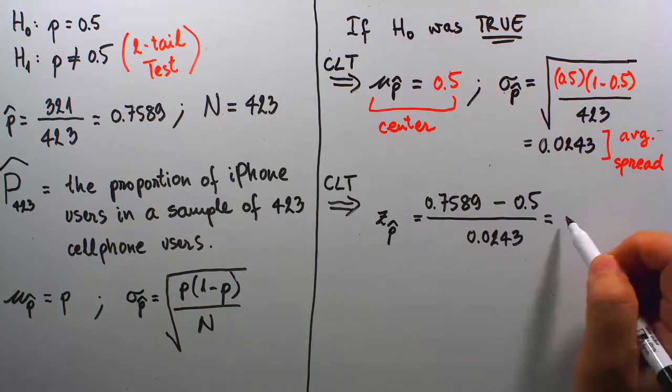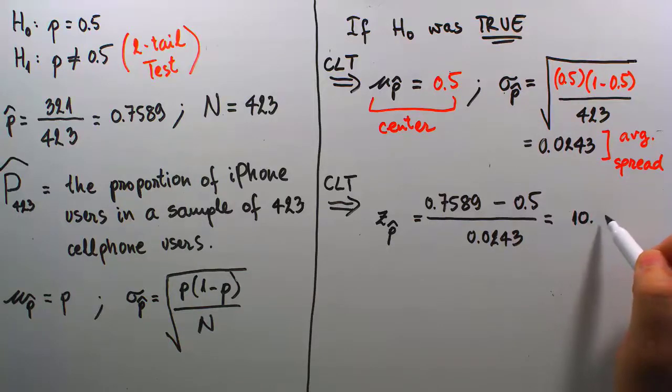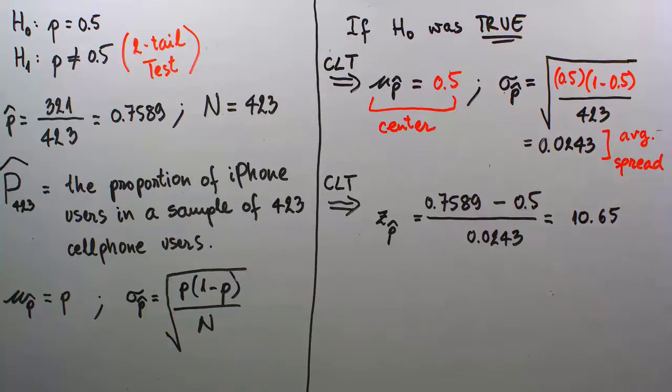The calculation comes out being 10.65, and I must emphasize that this is actually a positive z-score for our sample.